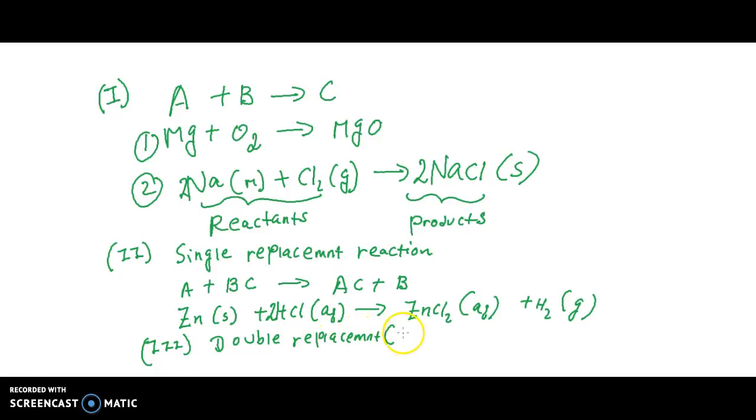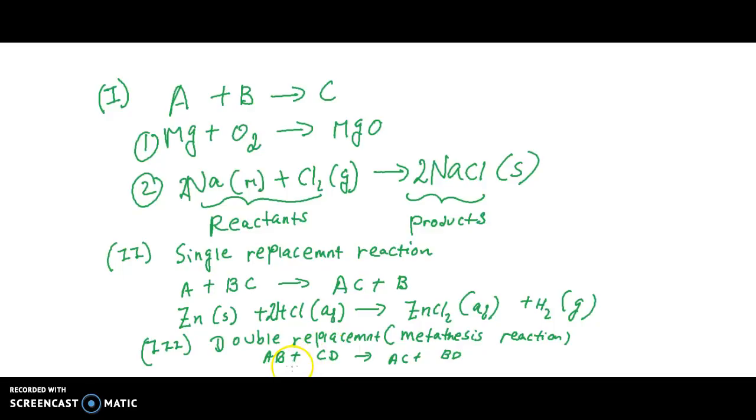Sometimes in some literature you might see a metathesis reaction. Basically, this is a reaction between 2 compounds. Let's say we have AB plus CD gives you AC plus BD, right?